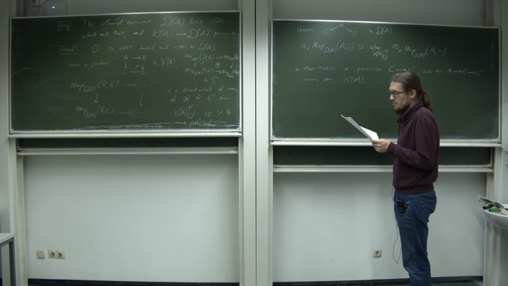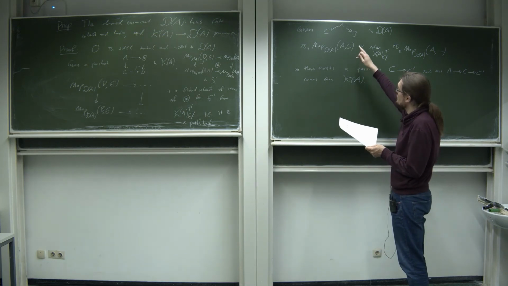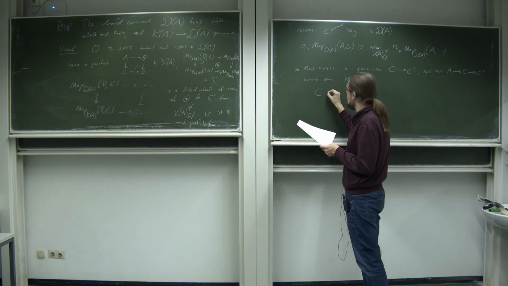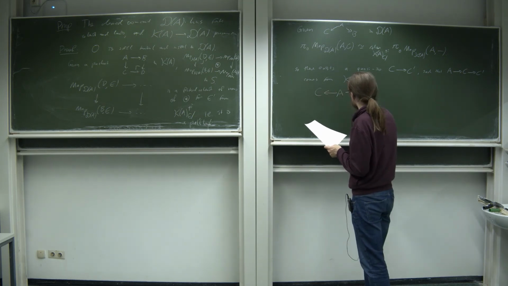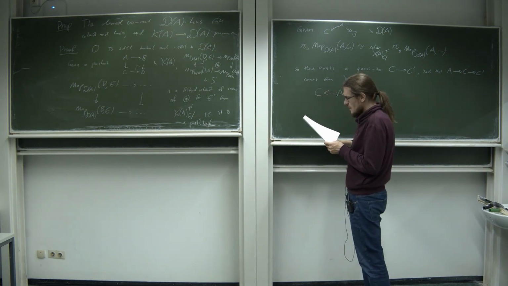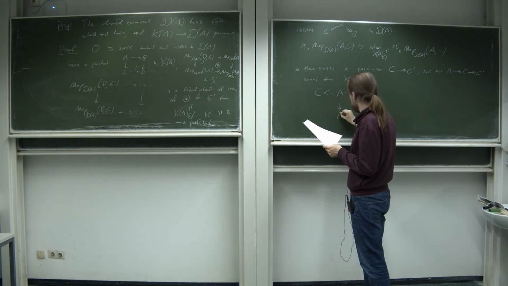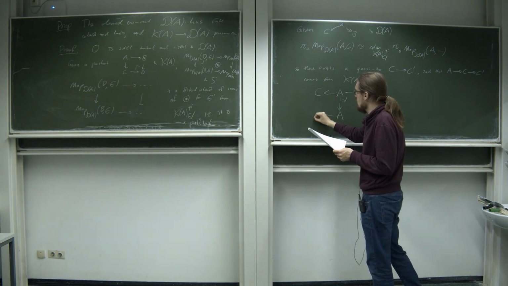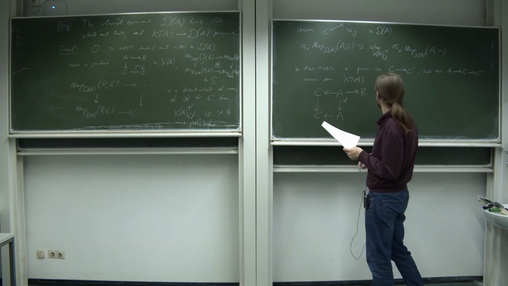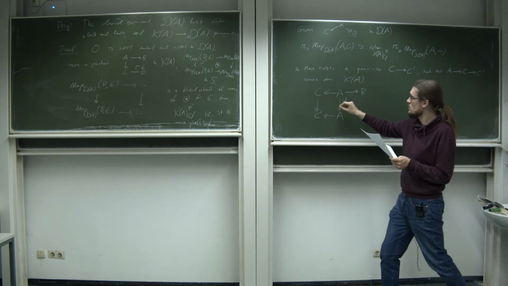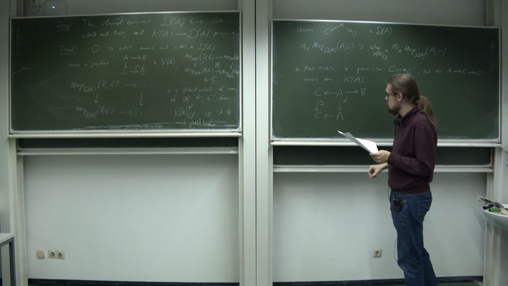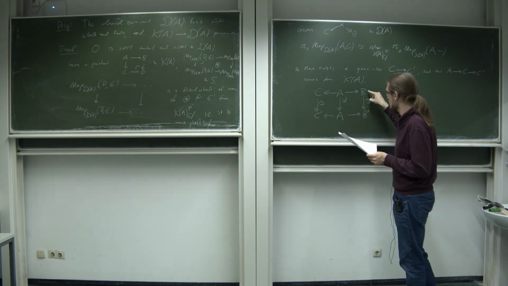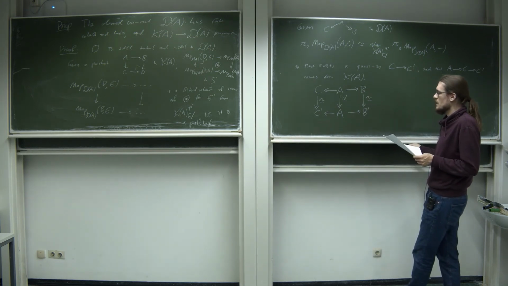Now, if we do the same trick for the map from A to B and put it all in the same diagram, then this tells us that our original diagram here actually maps to another diagram. We've taken the identity on A and this quasi-iso from C to C prime and this quasi-iso from B to B prime.